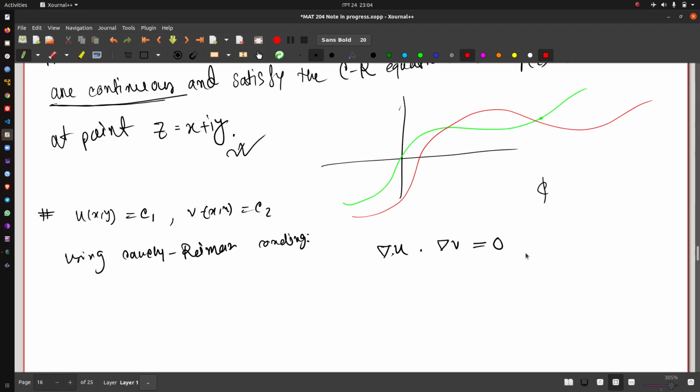What we wanted to show is that if you have u and v that satisfy the Cauchy-Riemann conditions, then the two curves seen in this diagram, called level curves, are orthogonal to each other, even though it's not apparent from this figure. So this is one of the consequences of the Cauchy-Riemann conditions.